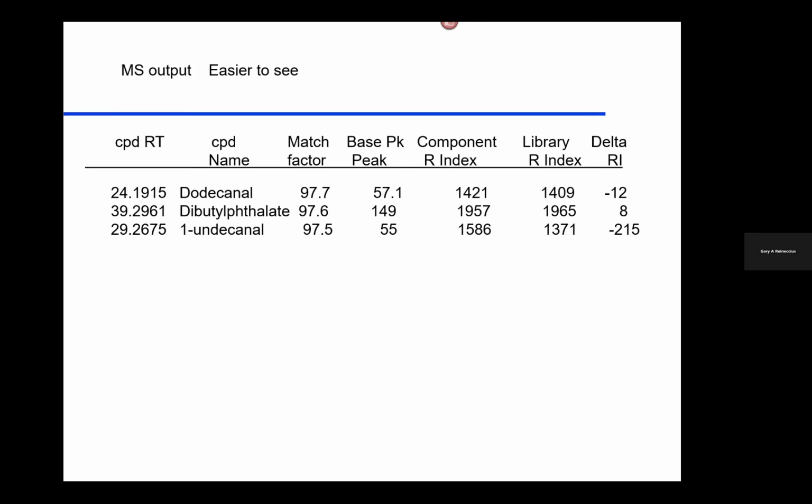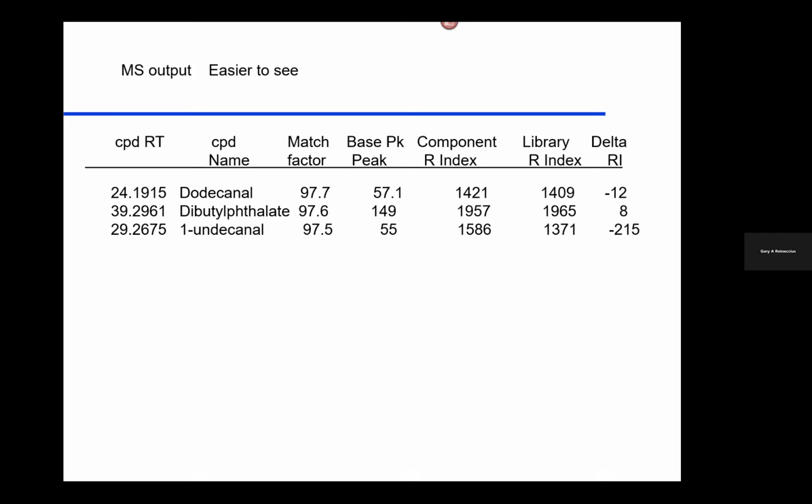So we have pure reference compounds, and we calculate where our compound comes out between those reference compounds. The top one up there, a component RI of 1421, means it comes out just after the 14th hydrocarbon. That is based on the GC or the LC separation, and that's where our compound comes out.